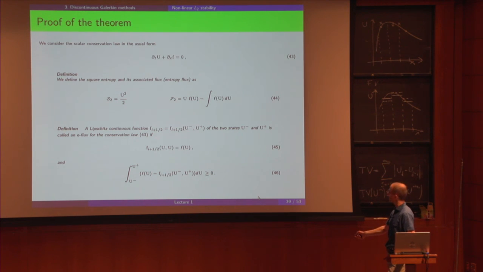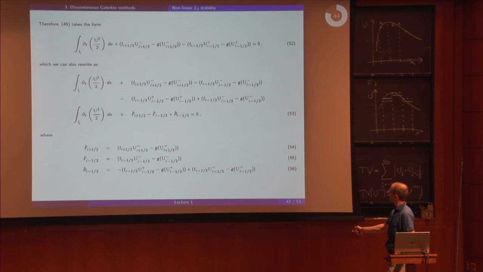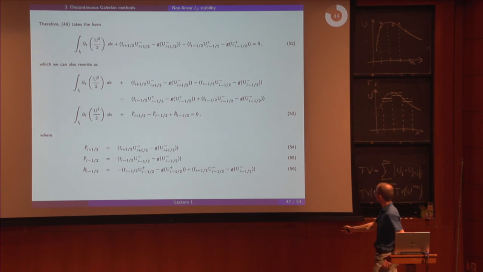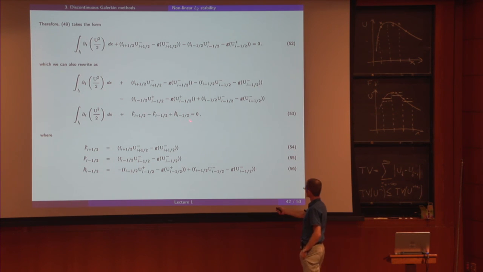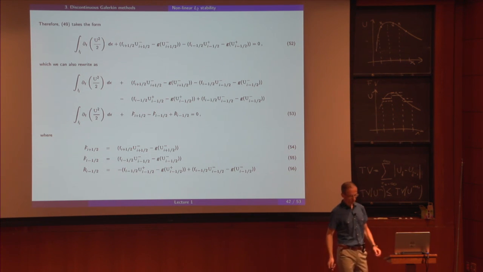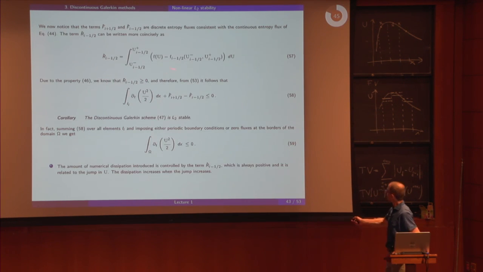Sorry, I went too fast. It was here, equation 53. This one is always positive. And so all the rest must be negative. And so you get this conclusion. Now you get the final result.